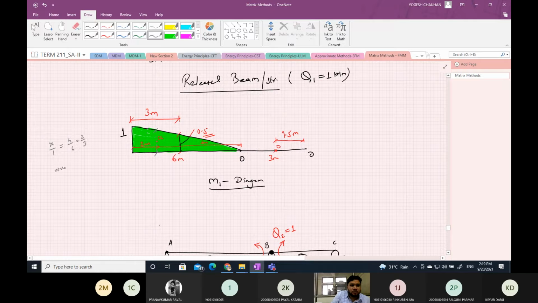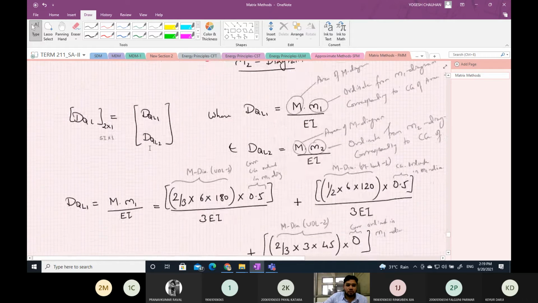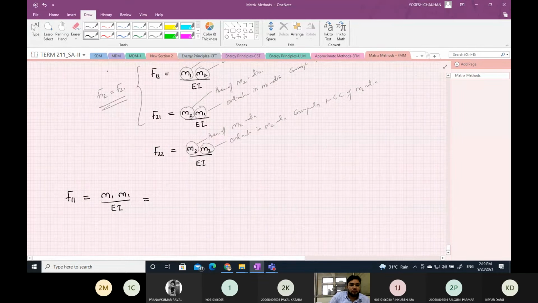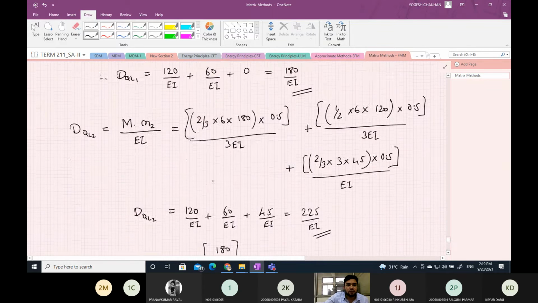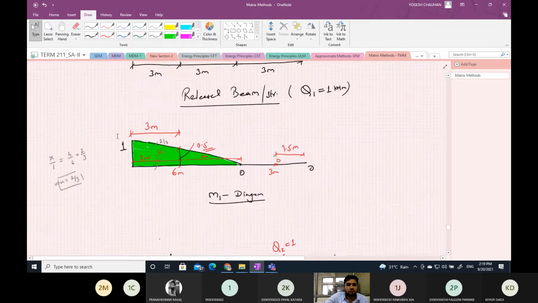This implies x is 2 by 3, so the ordinate here is 2 by 3. First we take the area of the M1 diagram. The area of a triangle is 1/2 base into height, the altitude is 1, so the area will be 1 by 2, 6 into 1.